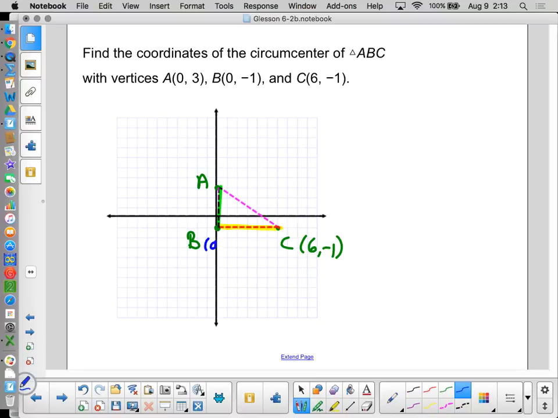So if this is (0, -1) and this is (6, -1), my midpoint very quickly, 0 plus 6 divided by 2 is 3. -1 plus -1 divided by 2 is -1. So my midpoint here is at (3, -1). That's my midpoint. And my vertical line, my perpendicular bisector, is right there.